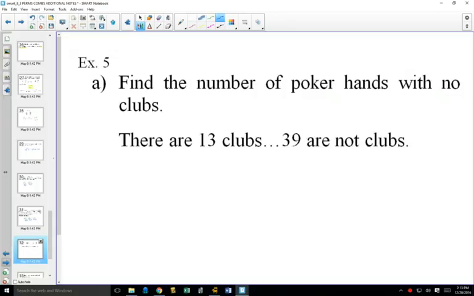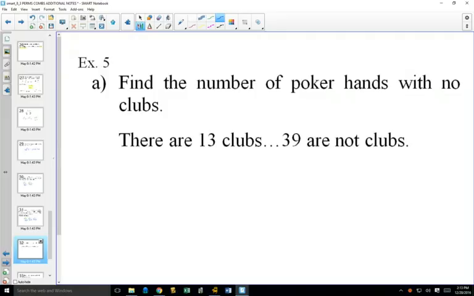Because if I took out all 13 clubs, then when I dealt the cards, does it make sense that I could guarantee that you won't get any clubs? So now, I take the now 39 cards and I deal 5 cards.